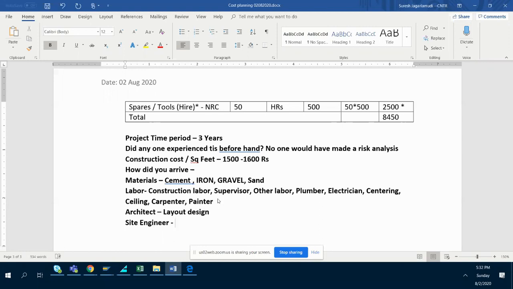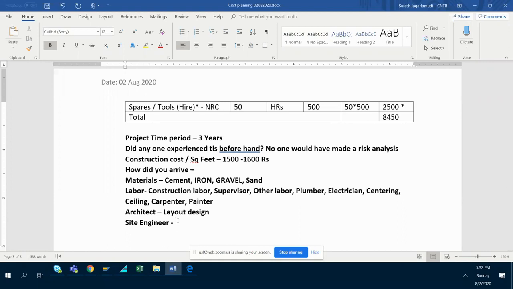So now, with all this cost, how did you arrive at this 1500? You made an assumption: this much iron, this much sand, this many bags of cement for square feet. Civil is already standardized. Always remember, in this world, what is very standardized is civil work only.